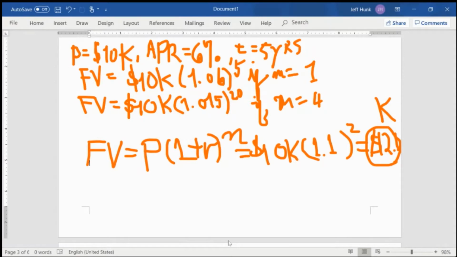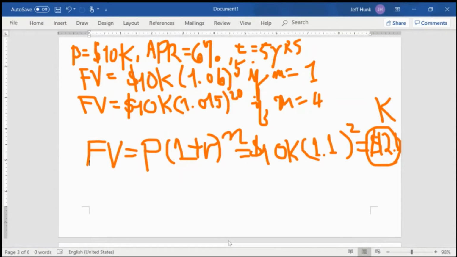Why? Think about it. If he has 10K today, he can put it in a bank or in a CD, because the prevailing market interest rate is 10%, and 2 years from now, he will get exactly 12.1K. So why is he offering anything more than 10K? There's no reason for him to offer anything more than 10K.